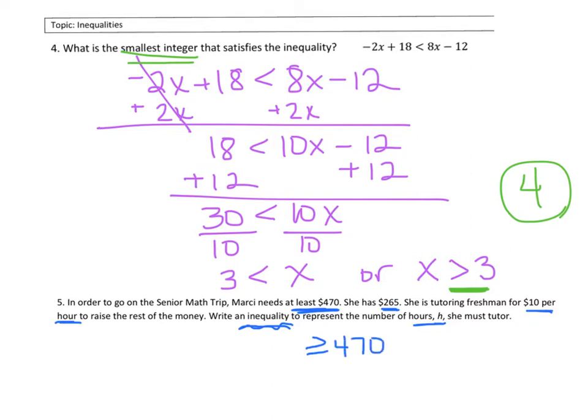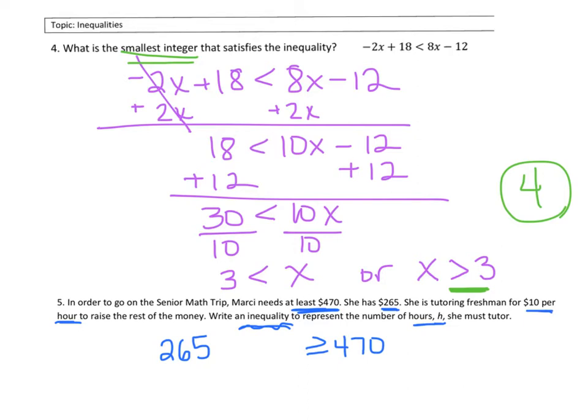Now I have to build the left-hand side of my inequality using the other pieces of information. So she's starting with $265. She already has that in the bank. And then she's going to tutor freshmen for $10 per hour. Remember, we've talked many times about that per hour.